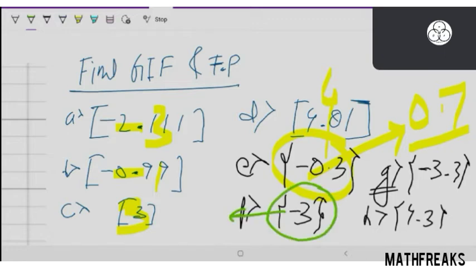This will be 0, and this will be 0.7, and this will be 0.3. So these are all your answers. I hope that the basic concept is clear now.